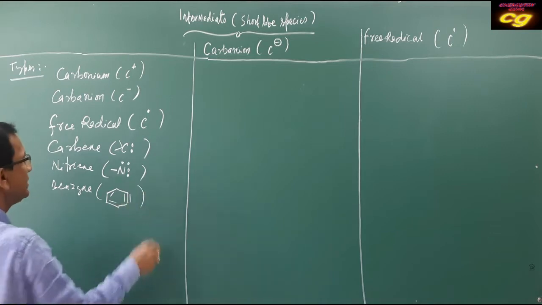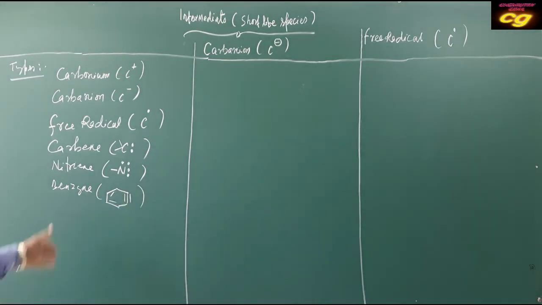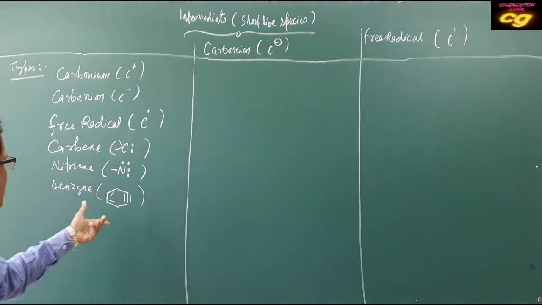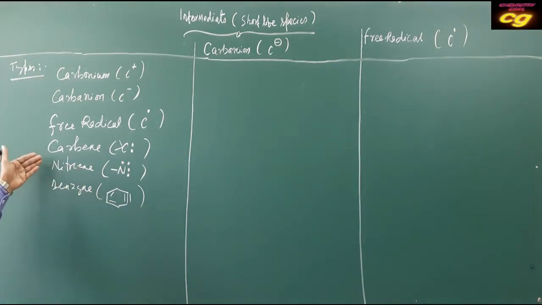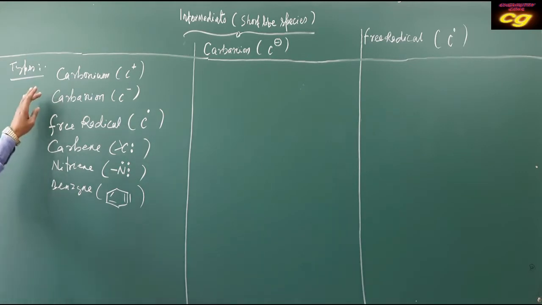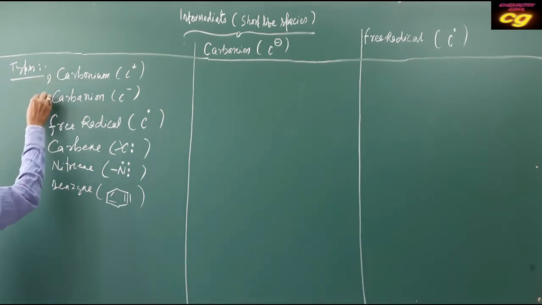This is benzyne. So the intermediates are benzyne, nitrene, carbene, free radicals, carbanion and carbonium. So these are the different types of intermediates.